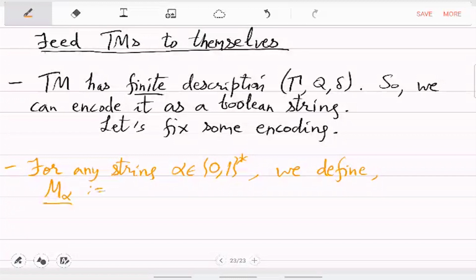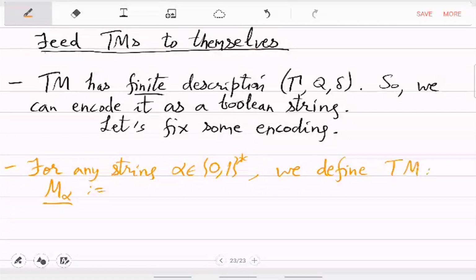Now, since the encoding is fixed in some way, maybe not every string is describing a Turing machine. So if it doesn't, then in that case, you take the Turing machine M alpha to be just some trivial Turing machine.